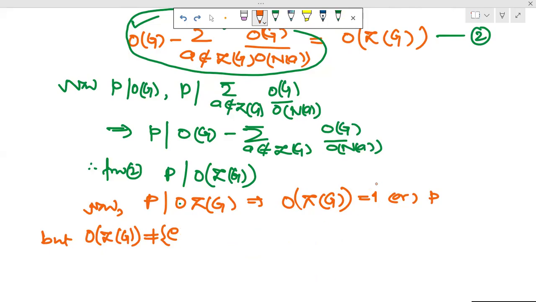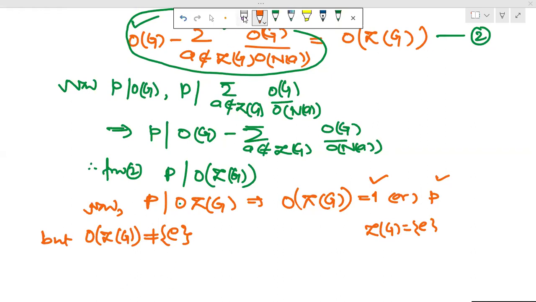Order of Z(G) is equal to 1 or P. Just a moment. There is a little correction here.